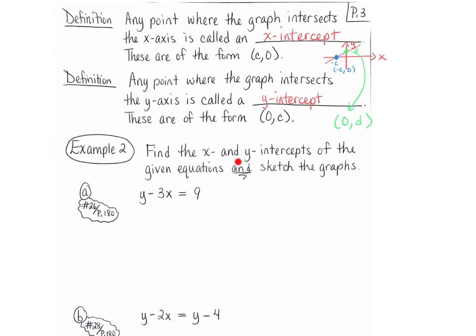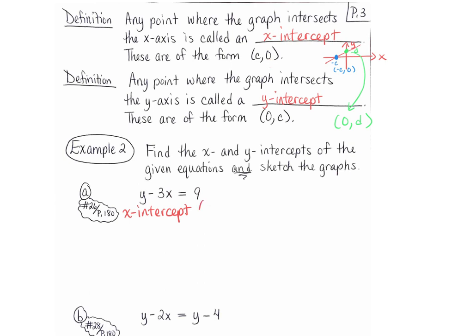Find the x and y intercepts of the given equations and sketch the graphs. You need 2 points to sketch a line. Okay, so you have y minus 3x equals 9. We want to find the x-intercept and the y-intercept. Whenever you're finding your x-intercept, y always has to be 0.